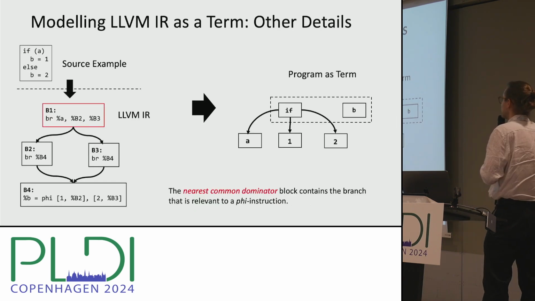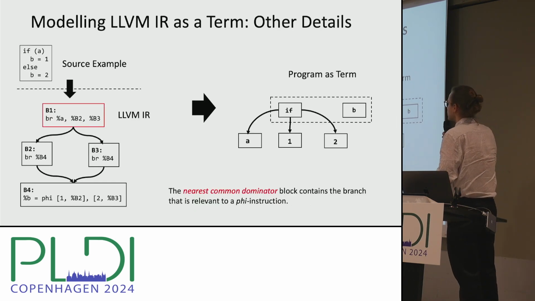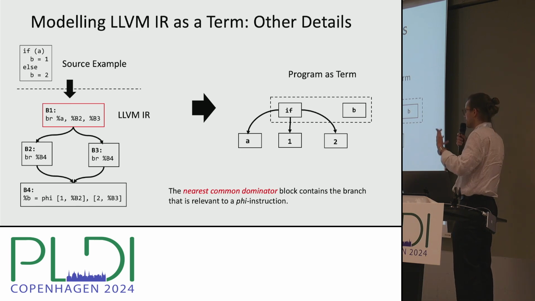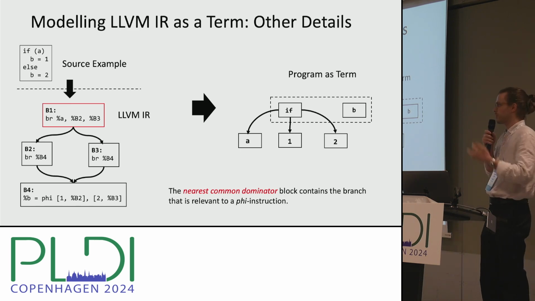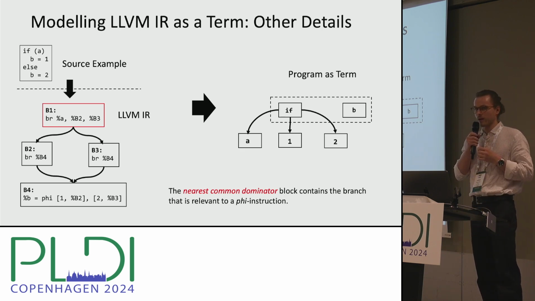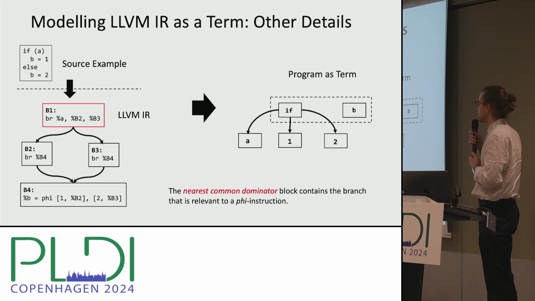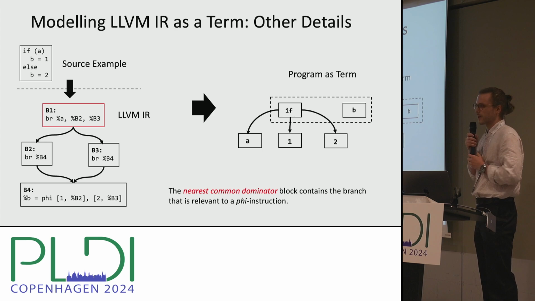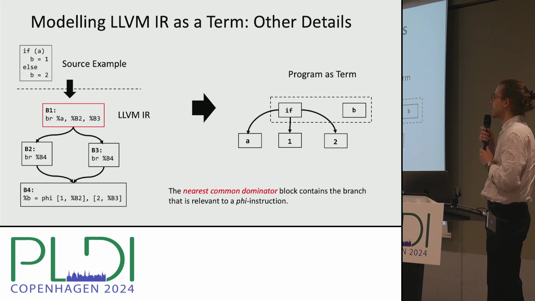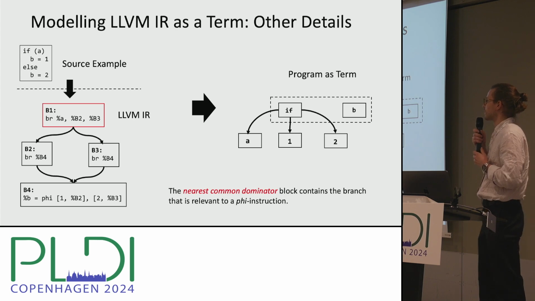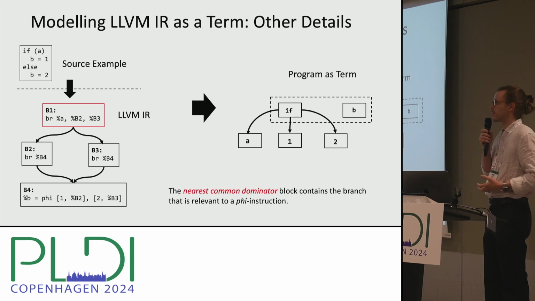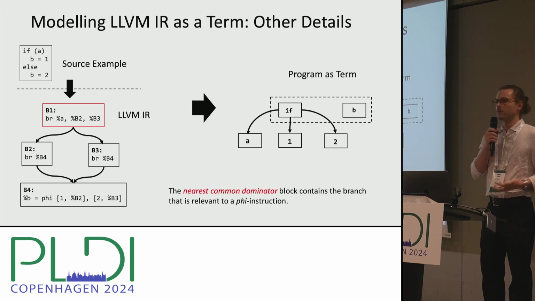There is some extra detail that's a bit interesting when we're translating the IR. Of course, these phi instructions are going to be very common in LLVM IR, and probably most people have some notion of that or maybe some experience with it, but if not, I'll briefly explain. Because LLVM uses the static single assignment form, every register is only going to be assigned to once.